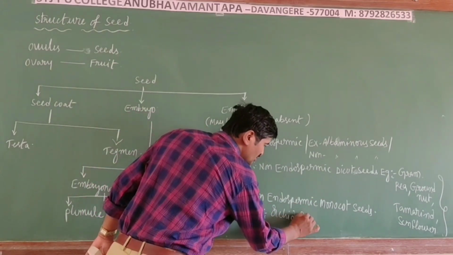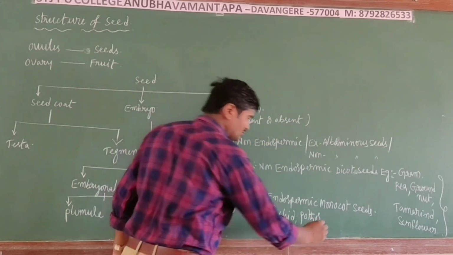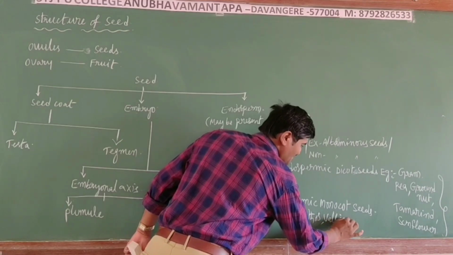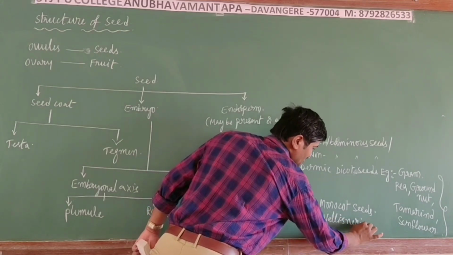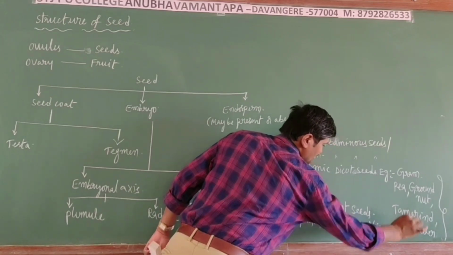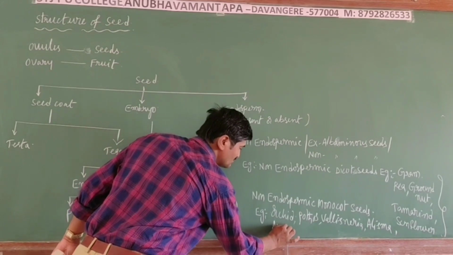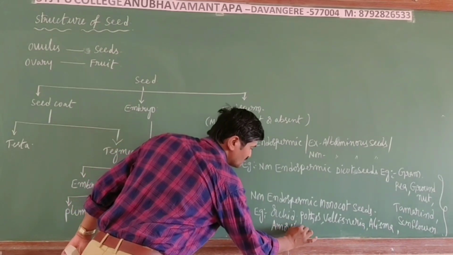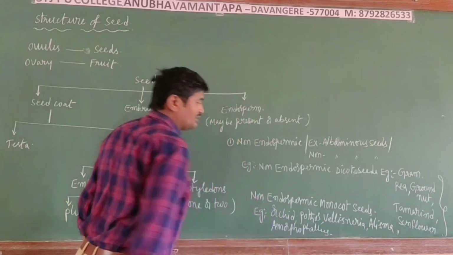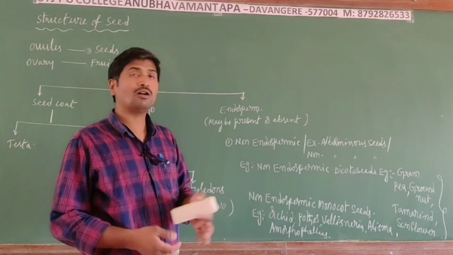Orchid. Pothos, that is money plant. Vallisneria. Elisma. And Amorphophallus. These are examples of non-endospermic monocot seeds.